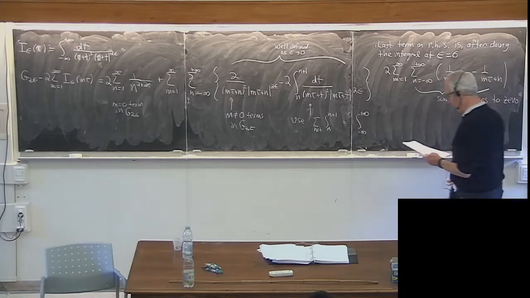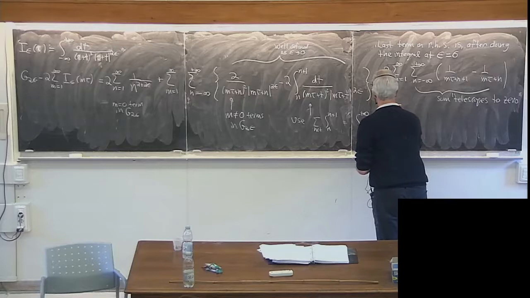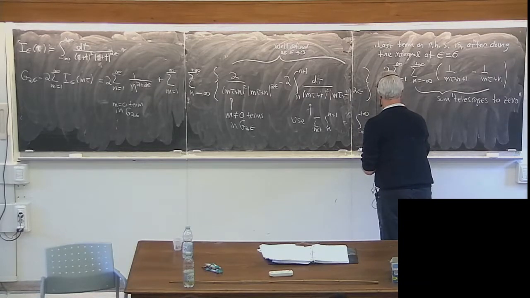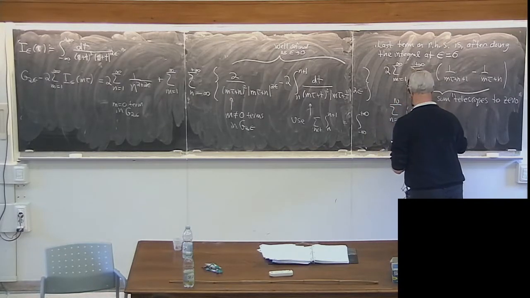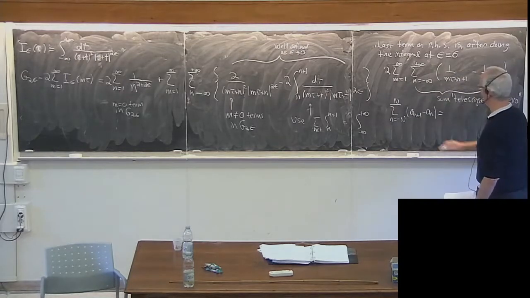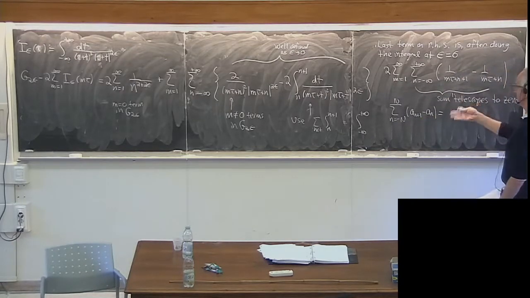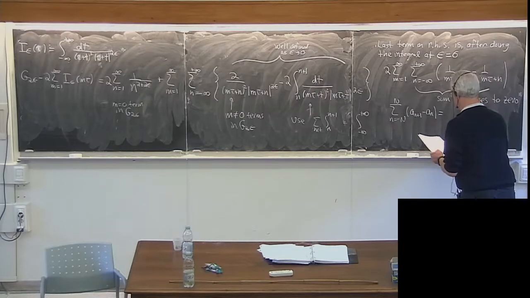So what do I mean by that? I mean if you have a sum from n equals minus N to plus N of the form a_{n+1} minus a_n, then by writing down successive terms and canceling terms off, you can see that this is minus a_{-N} plus a_{N+1}.